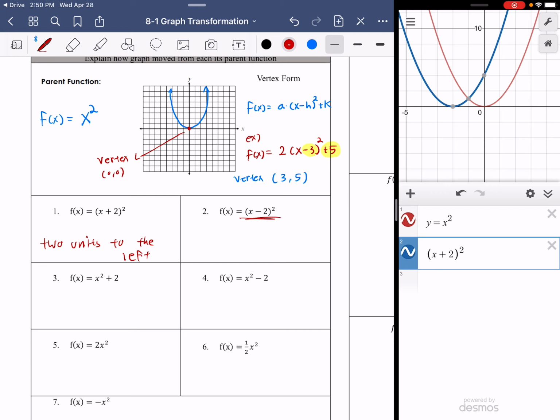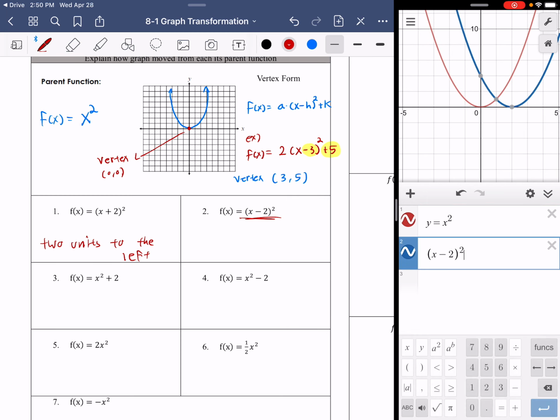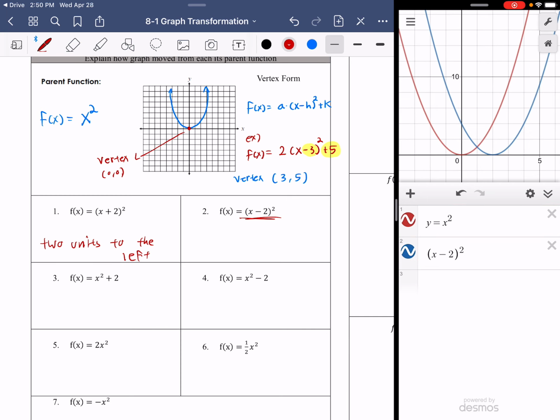And minus 2, as you can see, this one moved what? 2 units to the right, isn't it? So that's what you're going to do from now on.